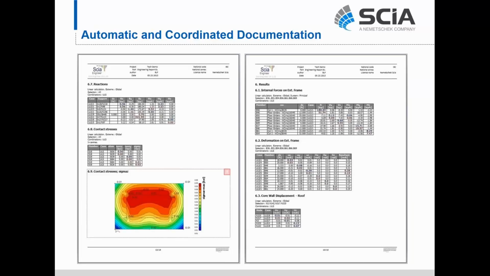And so if you're running a 2-monitor setup, you can actually have your report generator running on another screen and have SCIA on the other, and they're dynamically linked. And this is unique because any model changes and updates and results that happen in your SCIA model are dynamically linked to the report, and you can refresh those updates automatically.